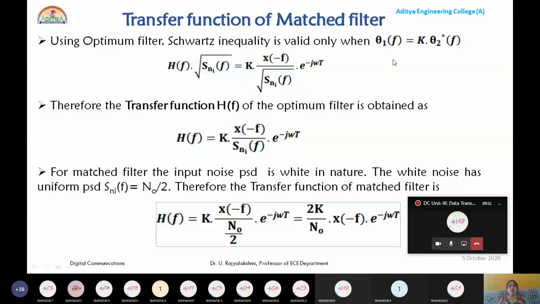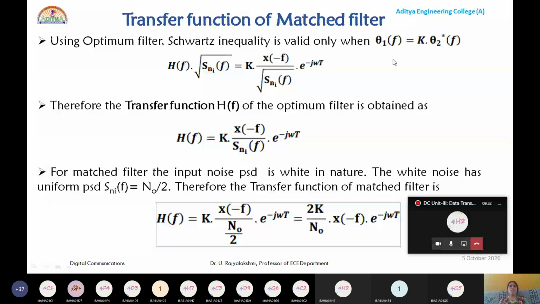So we know that white noise has power spectral density equal to n0 by 2. Therefore, the transfer function of the matched filter is equal to k into x of minus f, taking this Sni of f as n0 by 2, divided by n0 by 2, into e power minus j omega t.